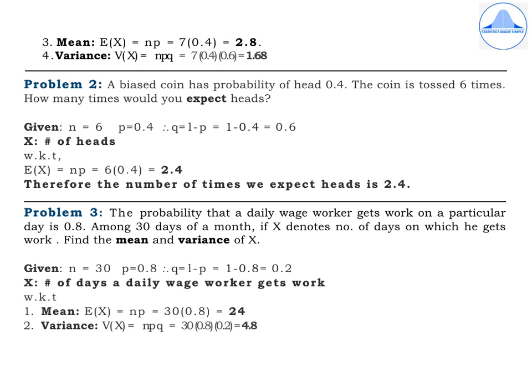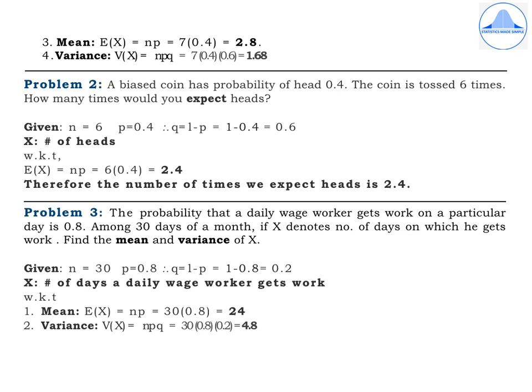Problem 3. The probability that a daily wage worker gets work on a particular day is 0.8 among 30 days of a month. If X denotes number of days on which he gets work, find the mean and variance of X. Now this problem again is a binomial distribution problem.